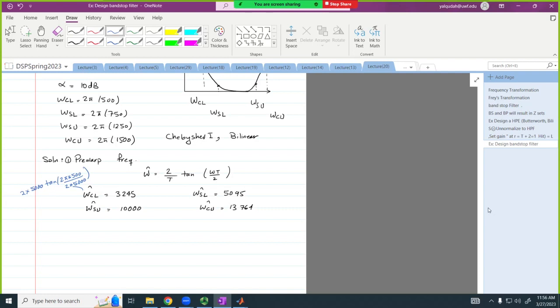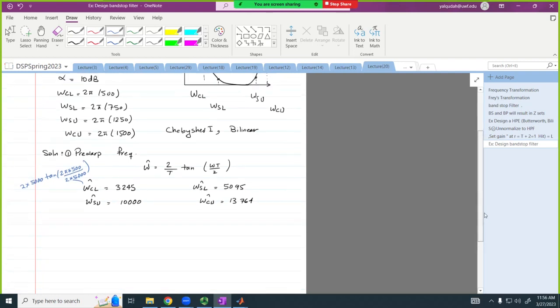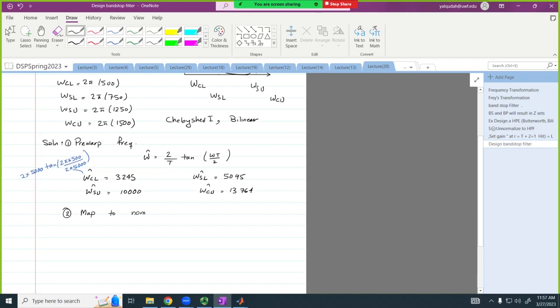Okay, the next step, we're going to map these frequencies to normalized low-pass filter specification.